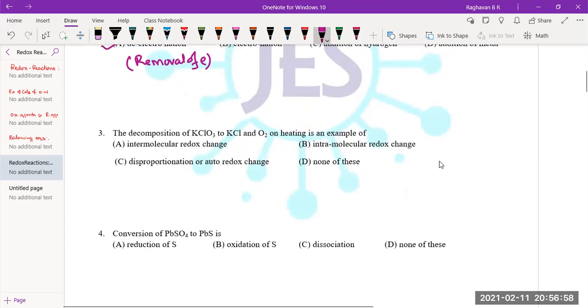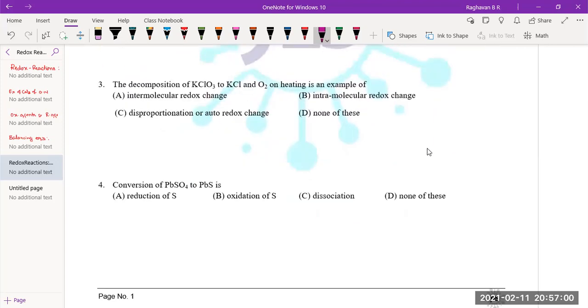Yes, sir. Third: decomposition of KClO3 to KCl and O2 on heating is an example of... Option B. Let me write this reaction. Option C, sir: disproportionation or auto redox reaction.